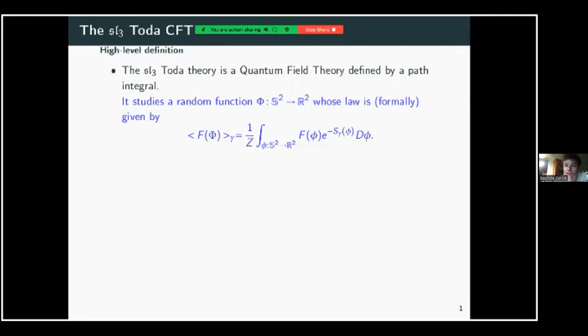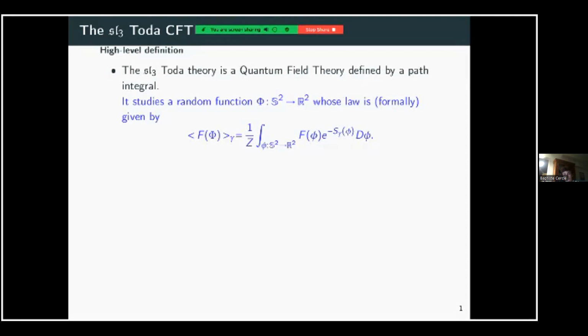Note that here the random function will have values in a two-dimensional real vector space, and this is one of the main differences with what you may be used to, like for instance Liouville theory. The fact that it has values in a two-dimensional vector space will have major consequences in its study. The model will be much more complicated to understand because of this fact.